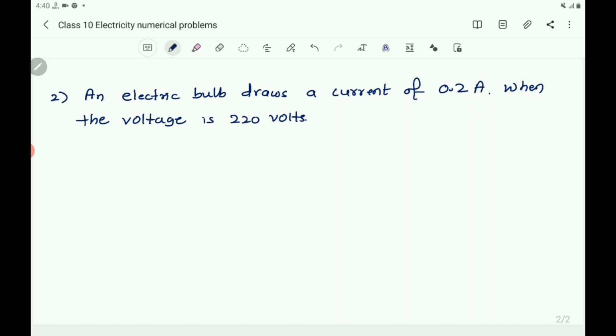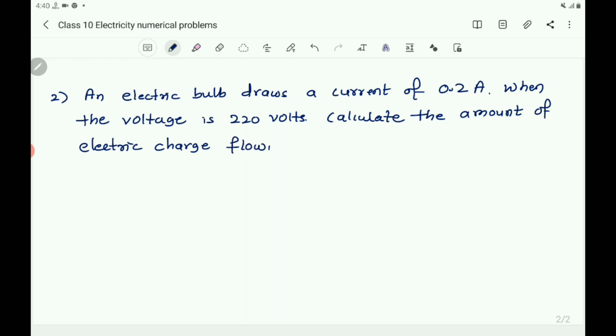Calculate the amount of electric charge flowing through it in 1 hour.